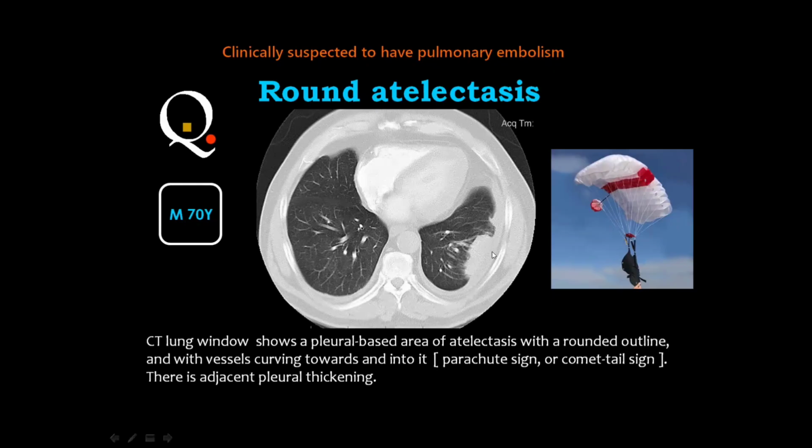You get a pleural-based opacity, and the inner margin of the opacity is serrated, exactly similar to this appearance. And it is known as the parachute sign or comet tail sign, but this lesion may be mistaken for bronchogenic carcinoma because of the spiculated inner margin.